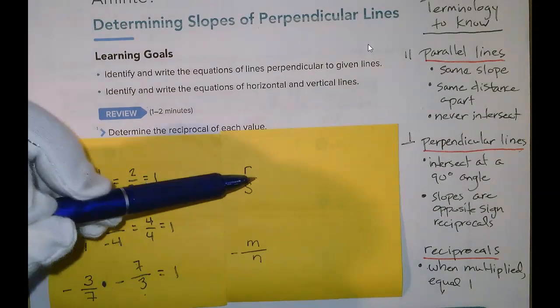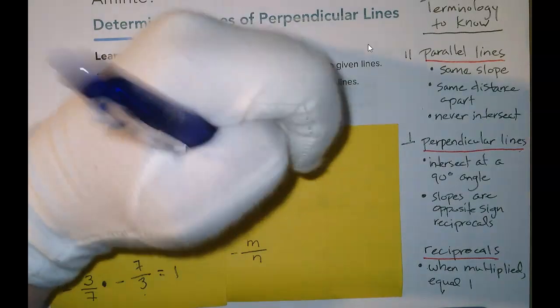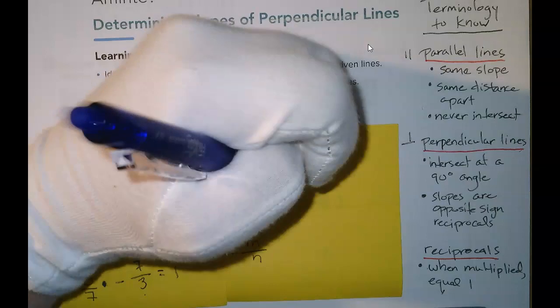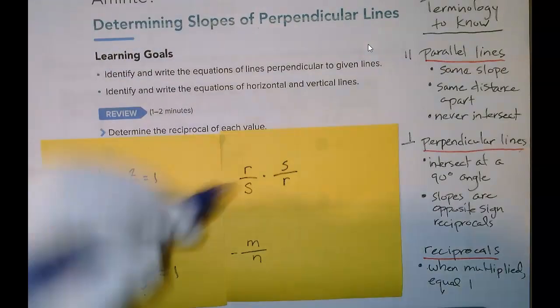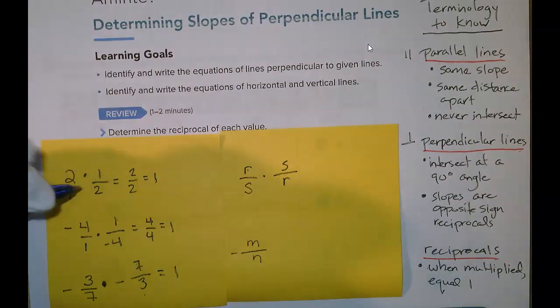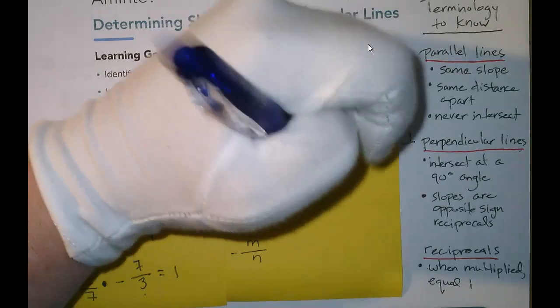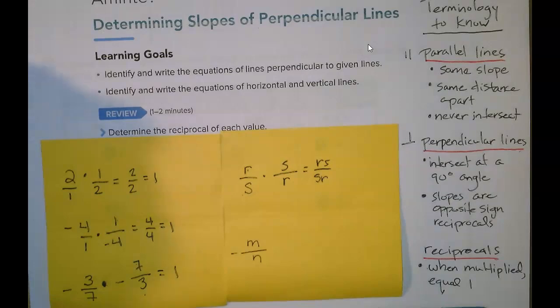If you look at that pattern, you can use that pattern to figure out the reciprocal of expressions that are variables. It's the same thing. We need these two numbers to equal 1 when we multiply. RS over RS is going to equal 1. And now remember, because of number properties, you can multiply or add in any order.